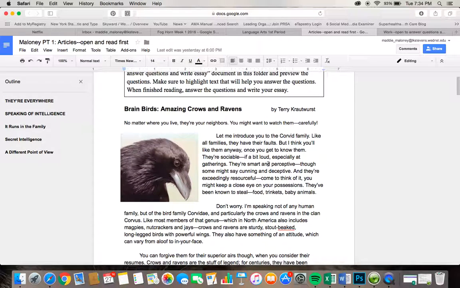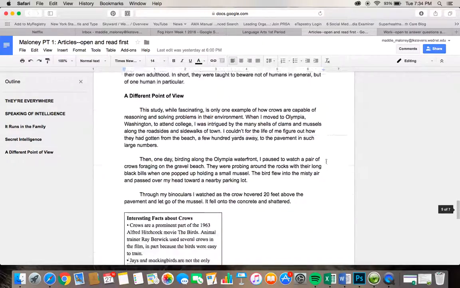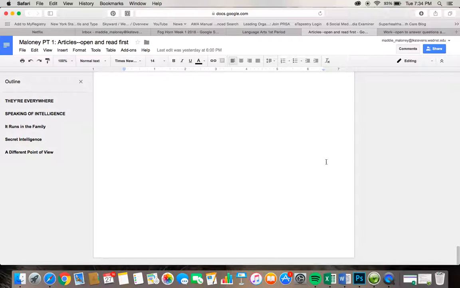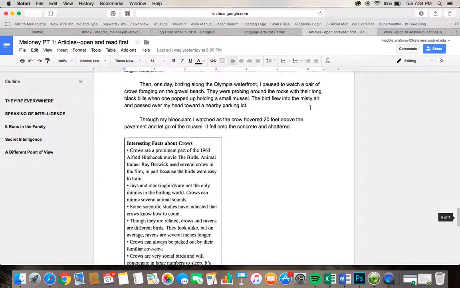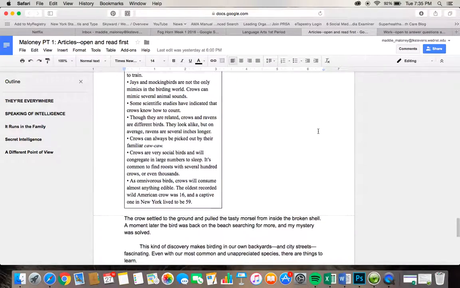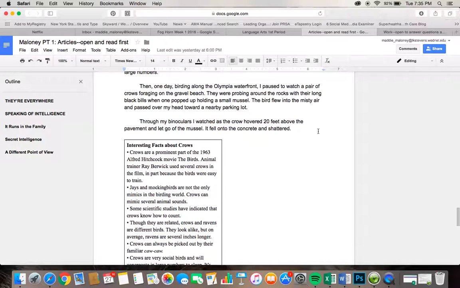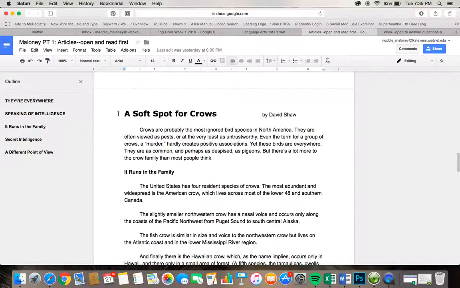All right, so let's just quickly talk about how you can cite page numbers. So this is a little funky because we've got 2 articles copy and pasted into a Google Doc, so how are you going to find the page number? For example, I'm on page 7 right now, or 6 of 7, and if I wanted to quote something from this, I would just say I found it on page 6 of the article, even though technically this article starts here and it's not even 6 pages long.